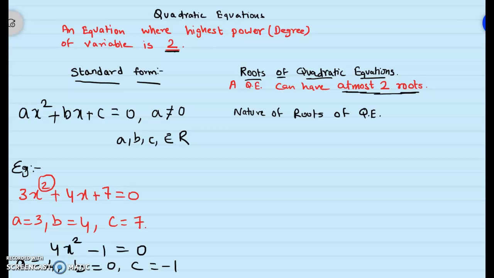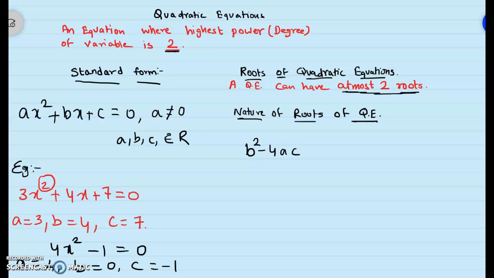Now let us see the nature of the roots of a quadratic equation. There's a very simple method. We find a, b and c by comparing the equation with the standard form, and then we find the value of b squared minus 4ac.